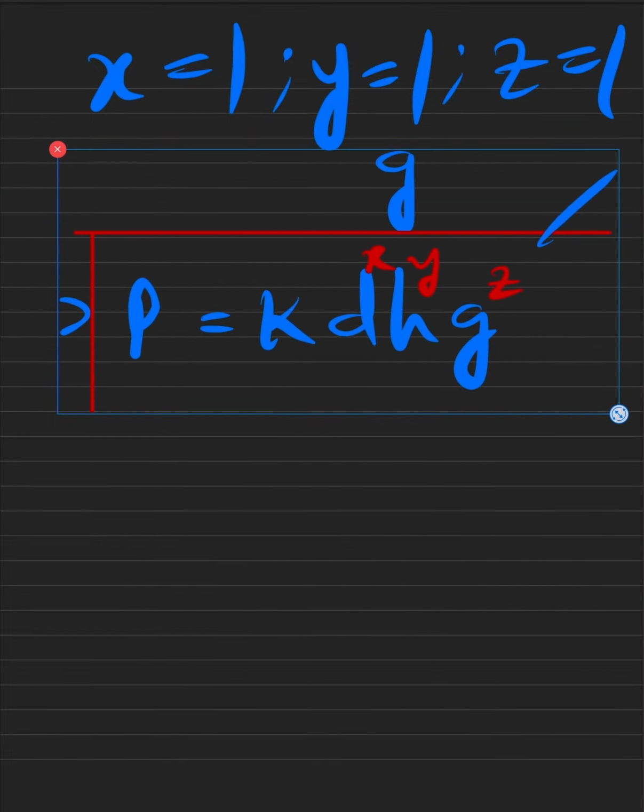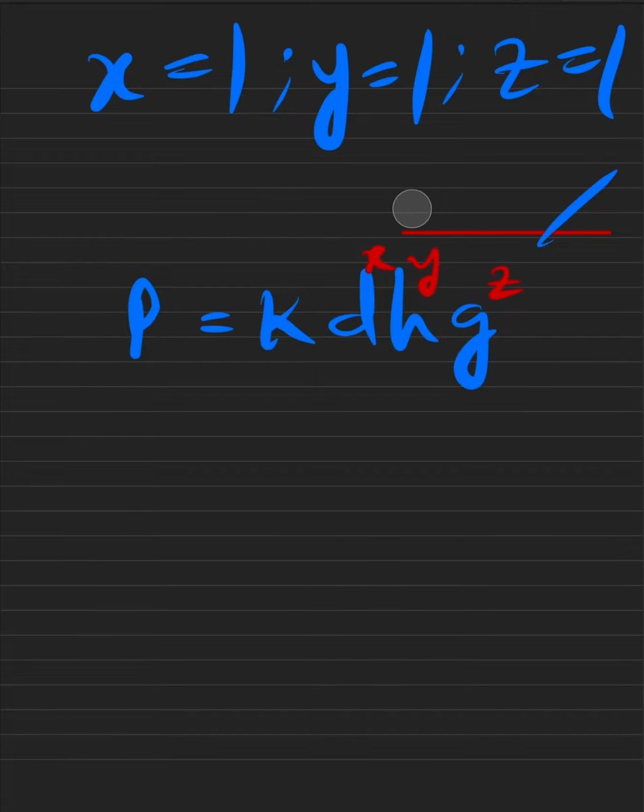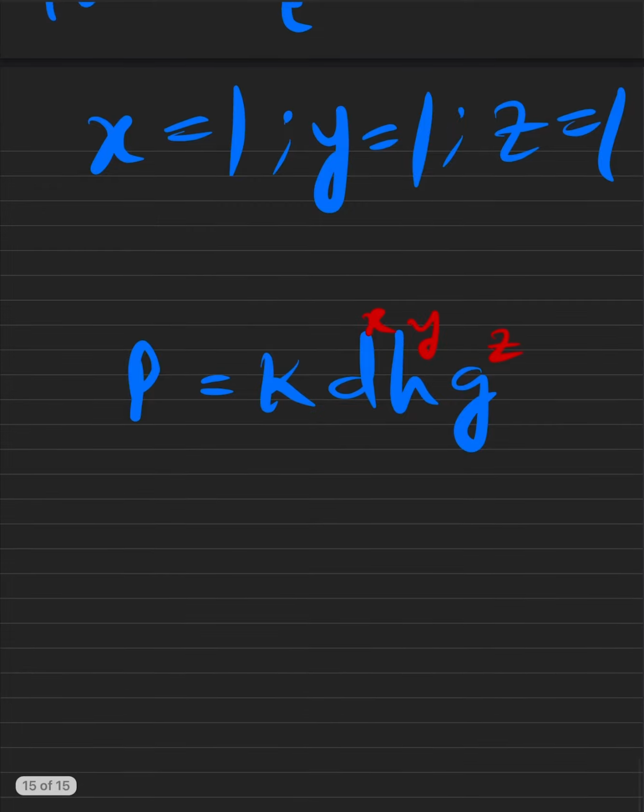So this is what we are working with now, right? This is the equation. So you now know how the equation should look like. But now you know what your x, y, and z look like.